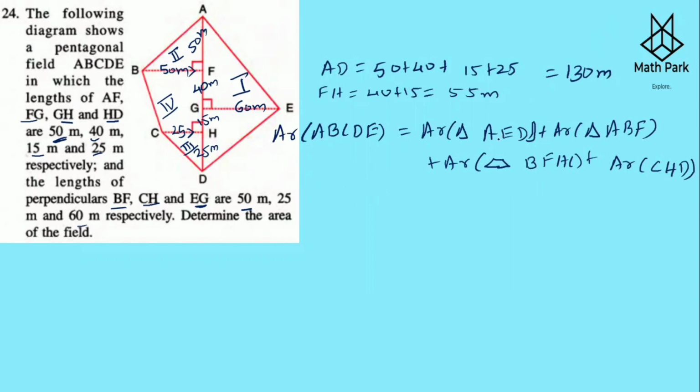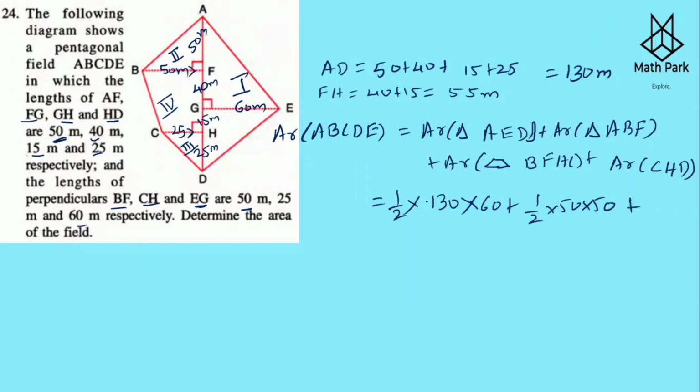So the area of the triangle AED, the first one, is half base. The base is AD, which we have taken as 130, into height GE, that is 60 meters. Plus area of ABF, this is a right triangle, so half base into height, that is half 50 into 50.